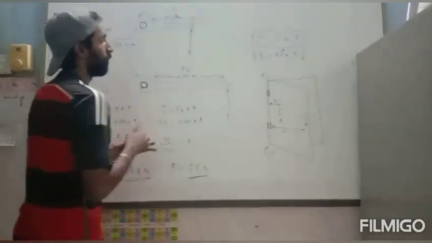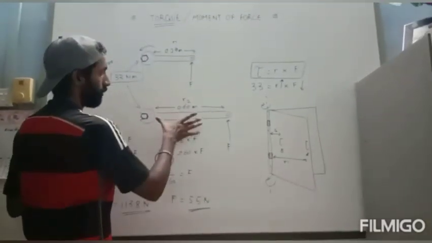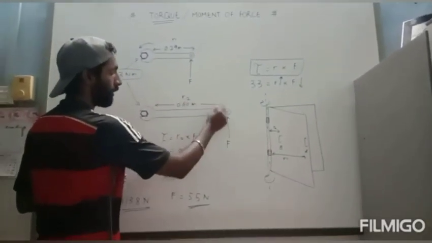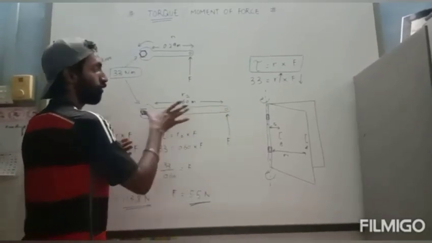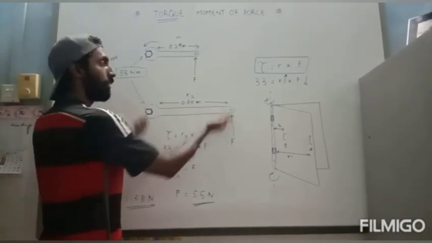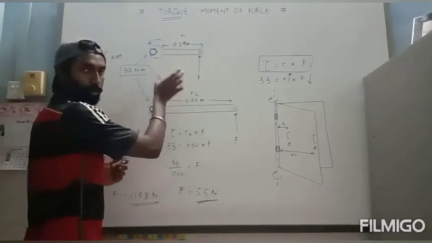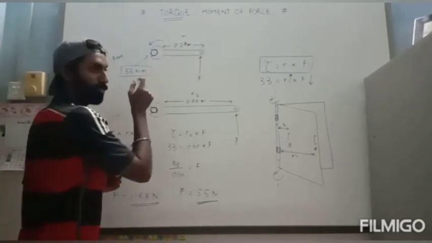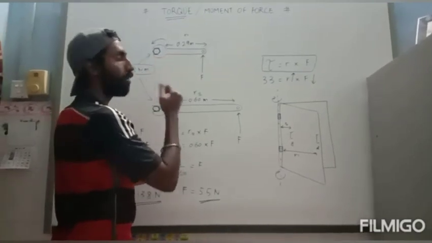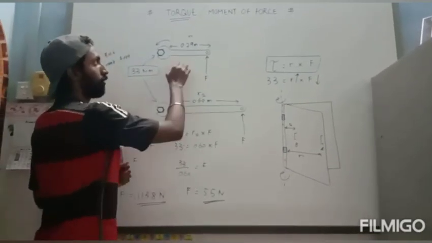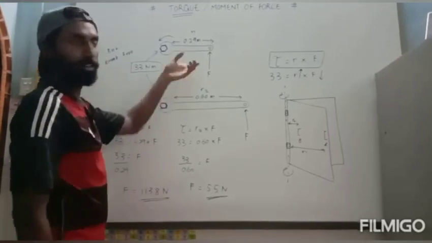Same goes here. The lever arm is greater, so the torque produced will be greater, so it will be easier to turn the bolt. The lever arm over here is shorter, so the torque produced will be smaller compared to this one, so it will be harder to turn the bolt.